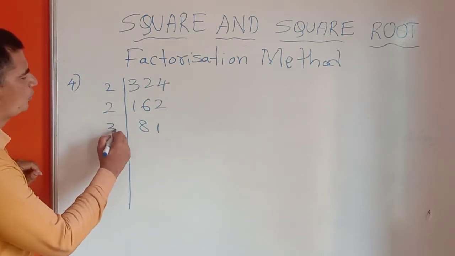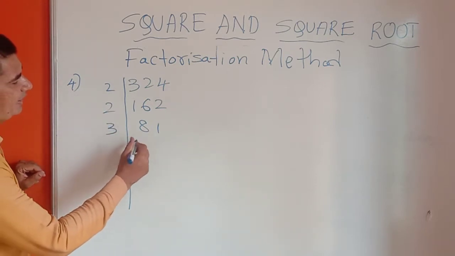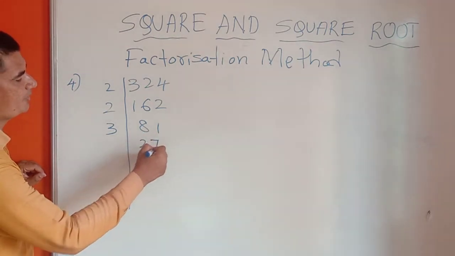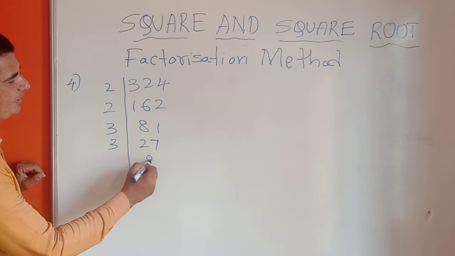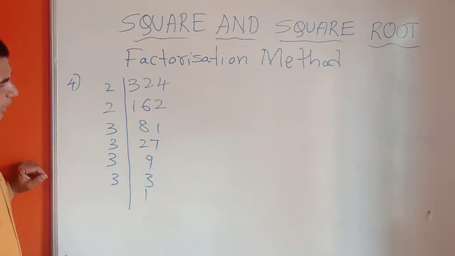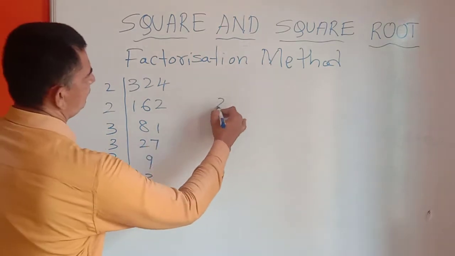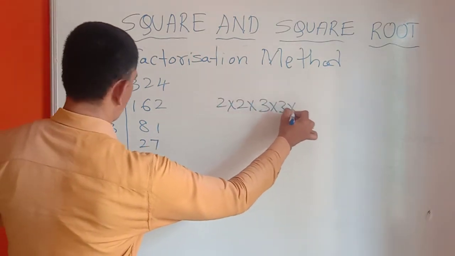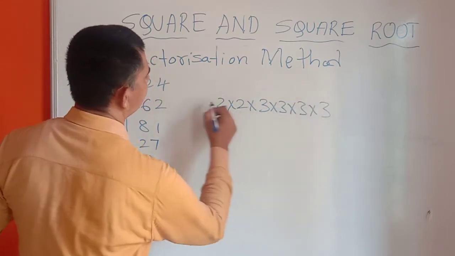So we can start with 3. 3 2s are 6 and 2 remaining, 21. 3 7s are 21. 3 3s are 9, 3 3s are 9, 3 1s are 3. Now you can write all these: 2 into 2 into 3 into 3 into 3 into 3.